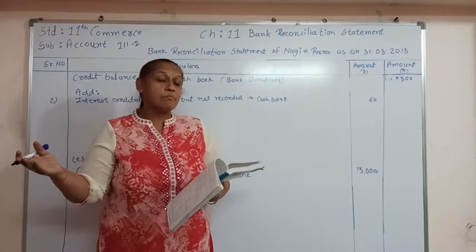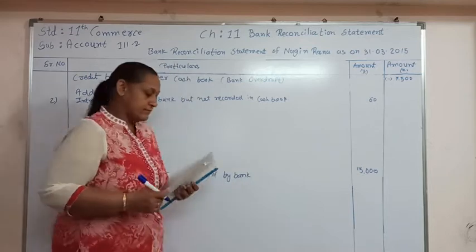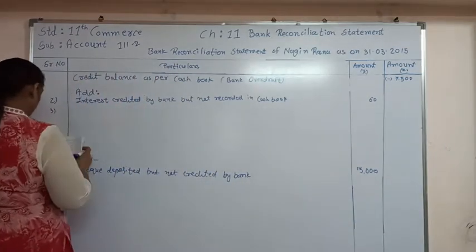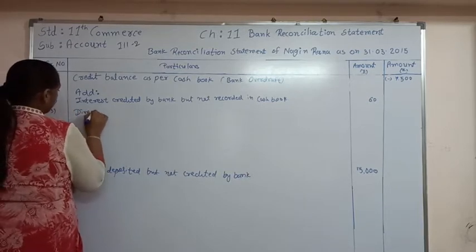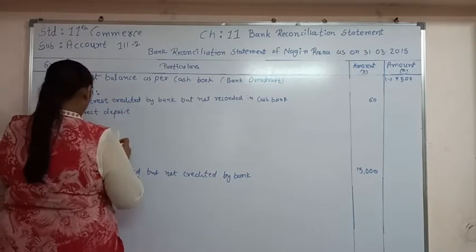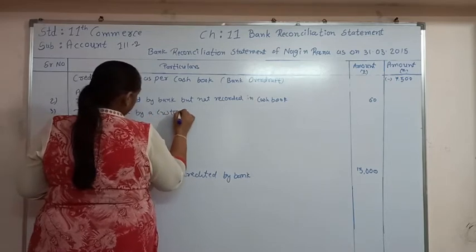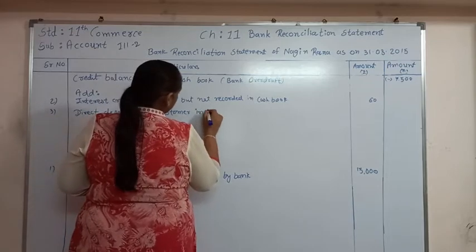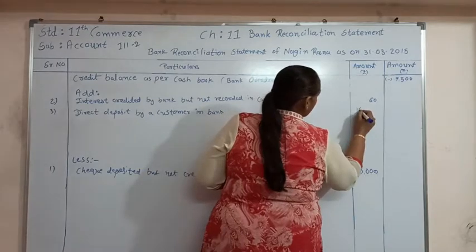The other side is the bank. Bank has already credited, so here we have to add it. Third one: direct deposit by customer in bank, that is of rupees 18,000.